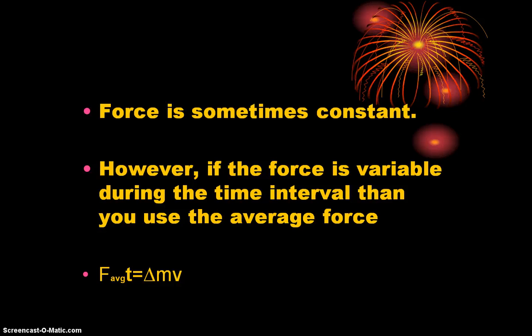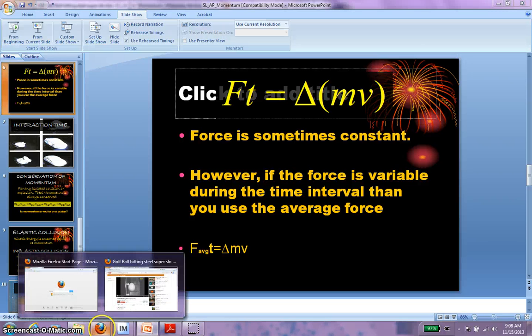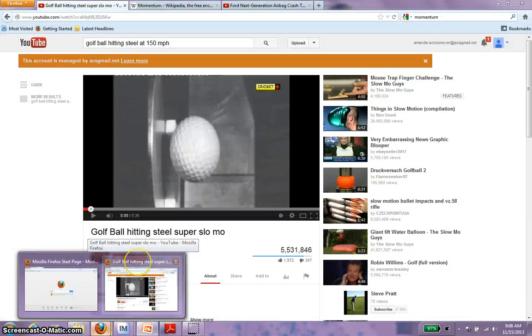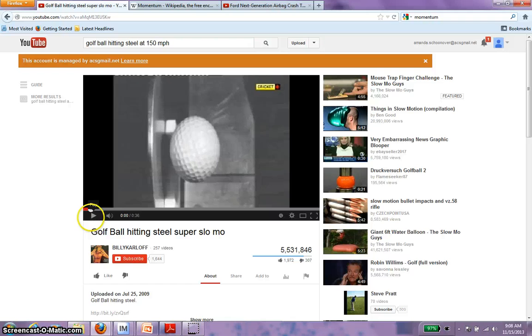Okay, so let's go ahead and actually look at some other scenarios of this. I've pulled up a couple of YouTube videos. We're going to watch those, and then I'll show you this graphically. So here is actually a picture. One of my students told me about this. This is a picture of a golf ball hitting a wall.